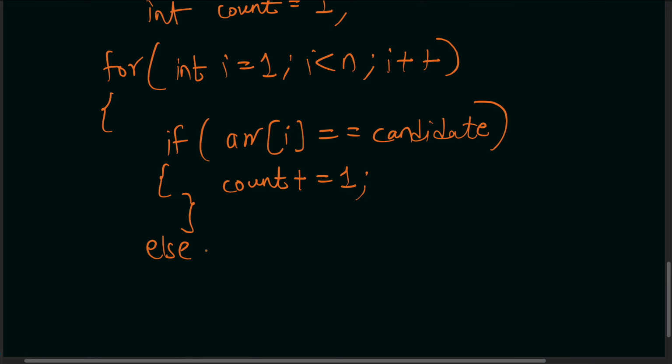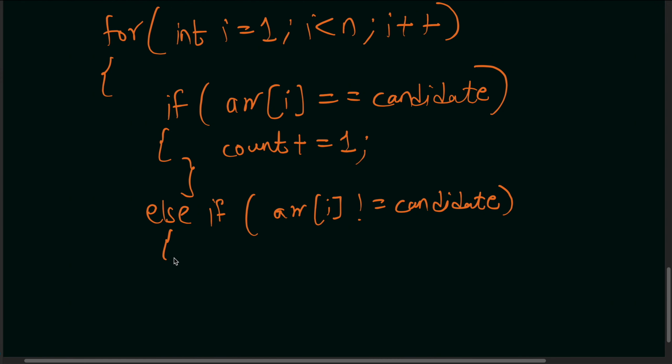Else if array of I is not equal to candidate, then in that case we will decrement the count, count minus equal to 1, right?